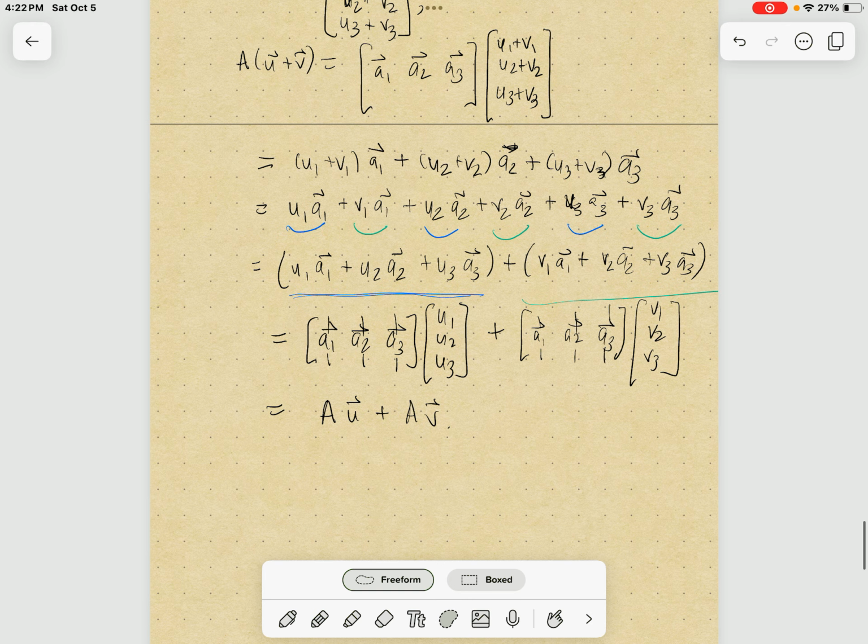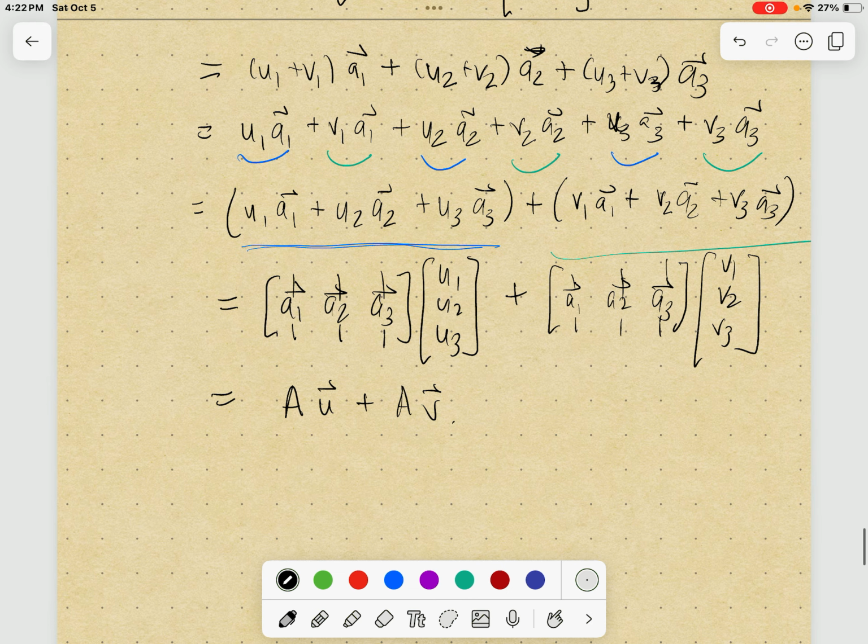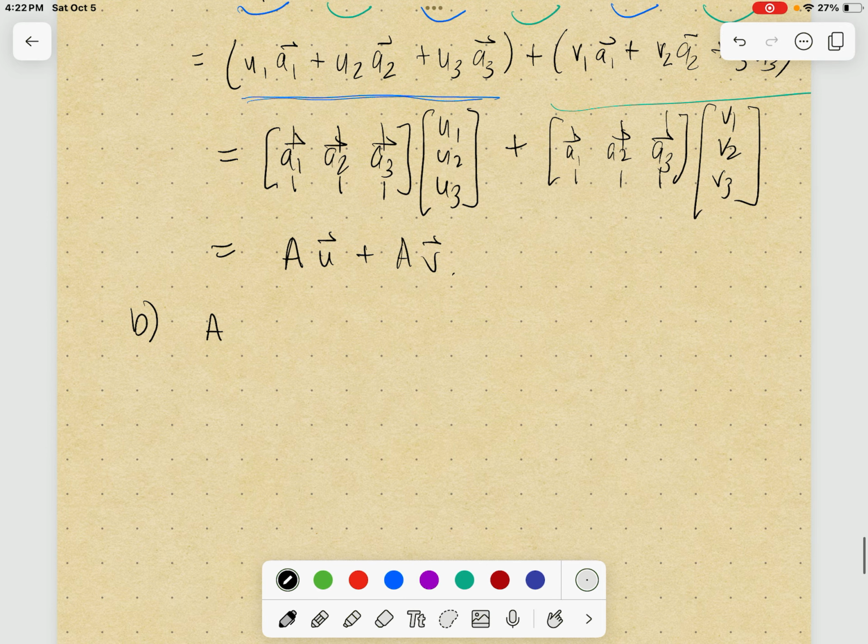All right, let's look at part B. So part B is similar. So we have A times cu, and we want to show that it's equal to c times Au. And we just calculate what A times cu is equal to. By definition, this is A times the vector cu1, cu2, cu3.